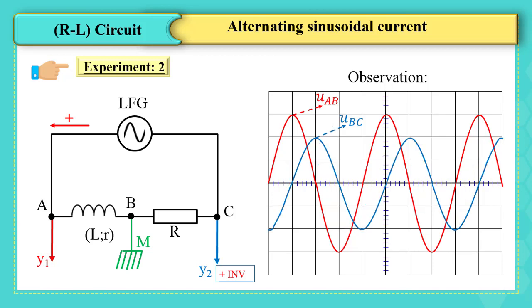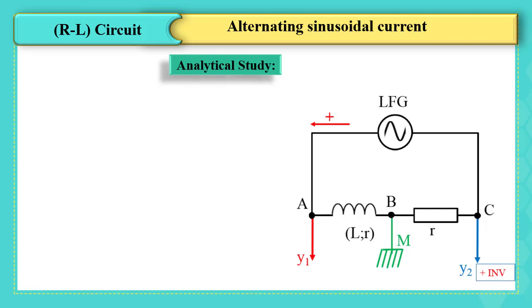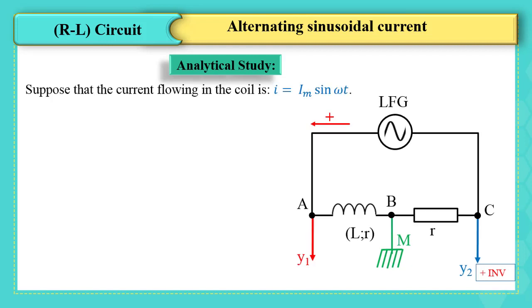Analytical study. According to this study, we are going to show analytically that the voltage across the coil leads the current traversing the coil. Suppose that the current flowing in the coil is i equal Im sine omega t.